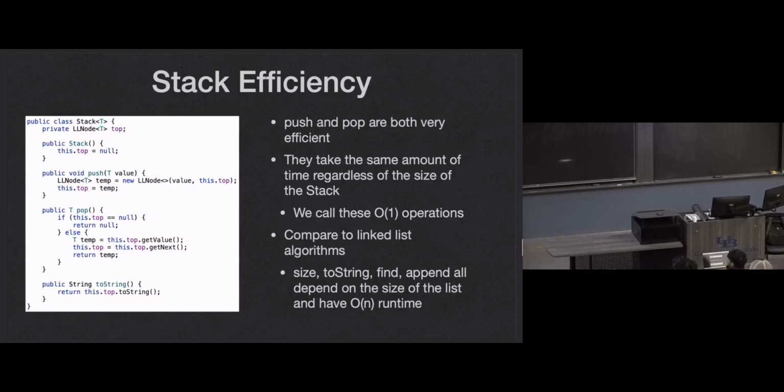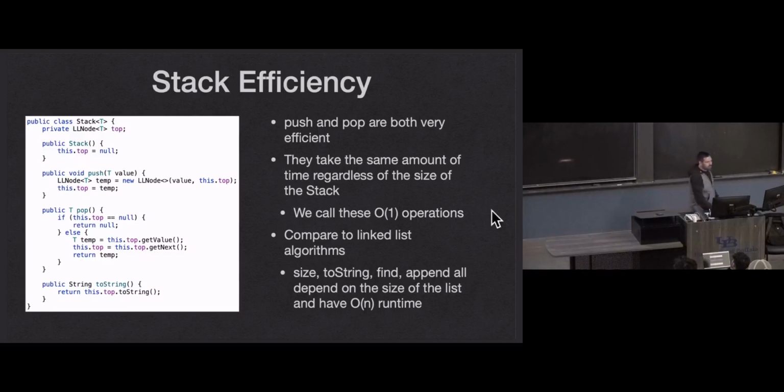Whether we have our linked list of size 4 that we just saw, or a stack with 1 million elements, pushing is creating a node and setting its next to the old top of the stack, and removing is taking top and setting it equal to a reference to the second node in the list. Nowhere in there do I care about the size of the stack when those methods are called. This is what we call O of 1 or constant time, meaning they do the same amount of work no matter how many elements are in the list.